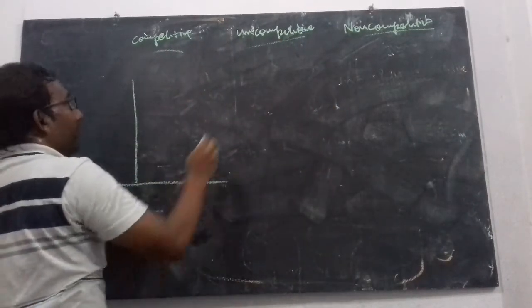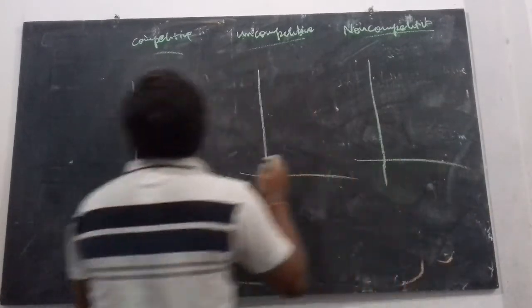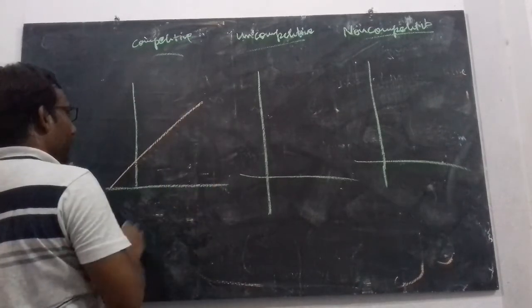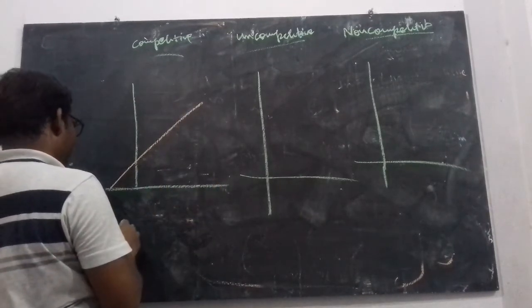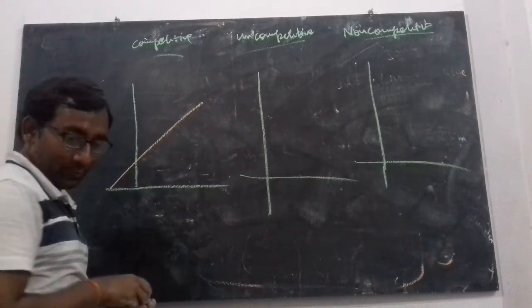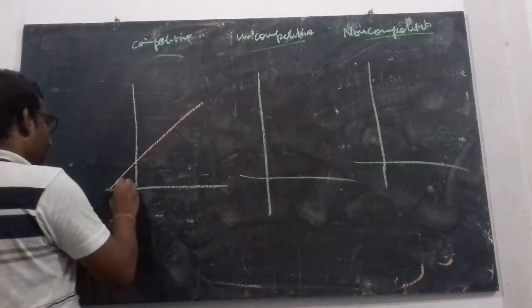Just see and you will understand. Here we have a graph, here we have a graph, here we have a graph. In this case, this is normal, without inhibitor. In presence of inhibitor, how will it look? We have already discussed.